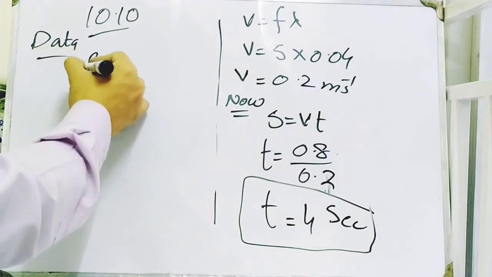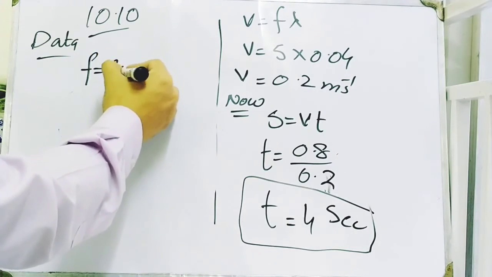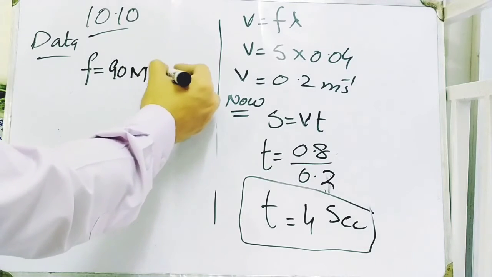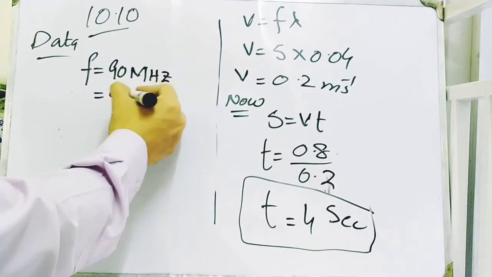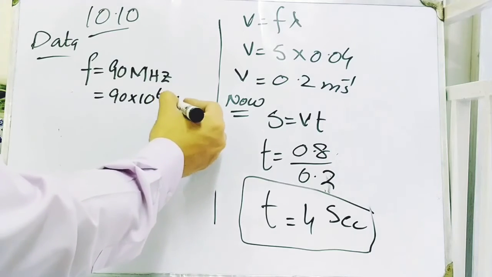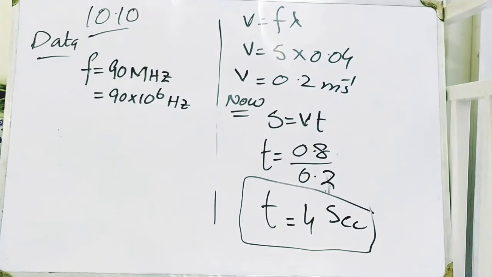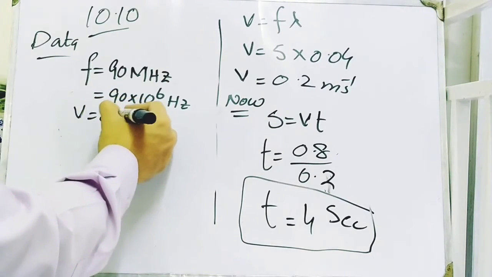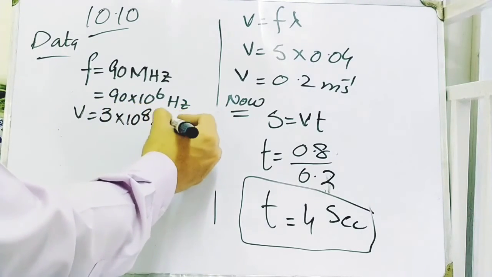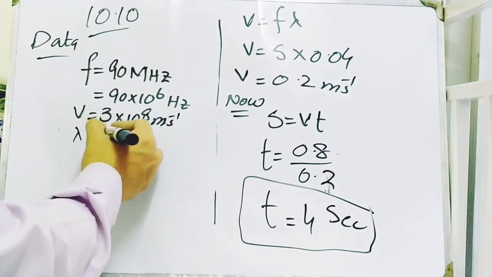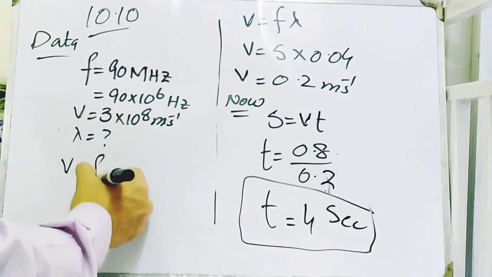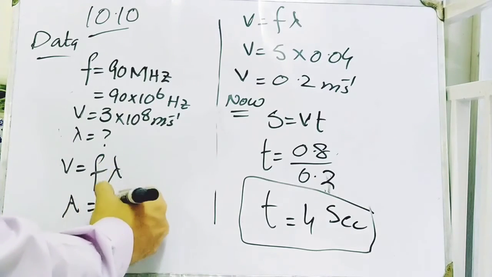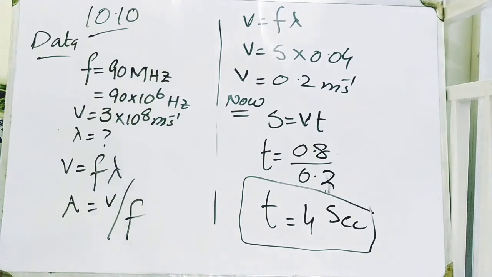This is the frequency, 90 MHz, which is about 90 into 10 raised to power 6 Hz. The speed of a radio wave is V equal to 3 into 10 raised to power 8 meter per second, and you have to find the lambda. So V is equal to F lambda, and lambda will be equal to V over F.